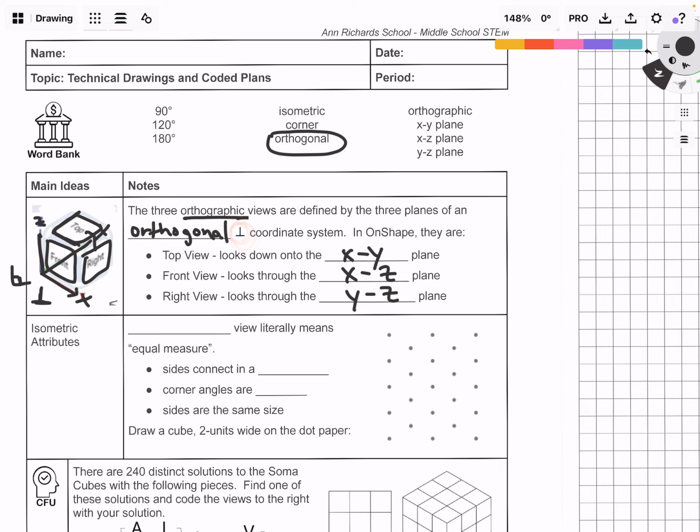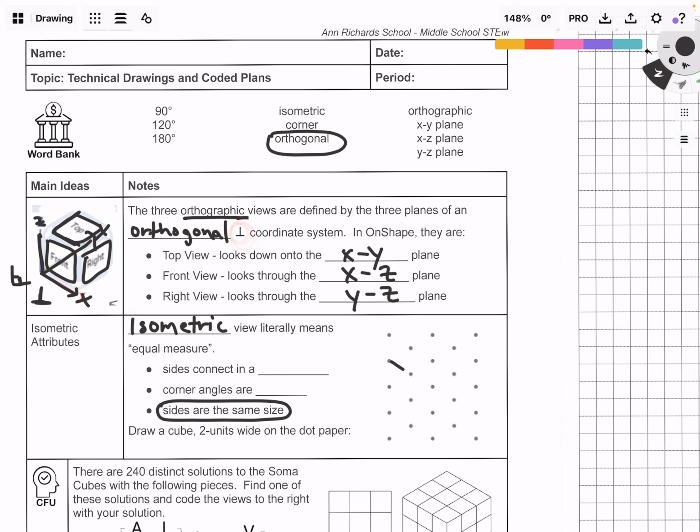Okay, so the orthographic views are very important for showing lots of details such as dimensions, but they don't give you a sense of what that 3D object is going to look like. So we also like to draw 3D objects in isometric view, and the isometric view gives us the illusion of depth, but it also has some other important characteristics. All three of my planes are going to be represented in the same size.